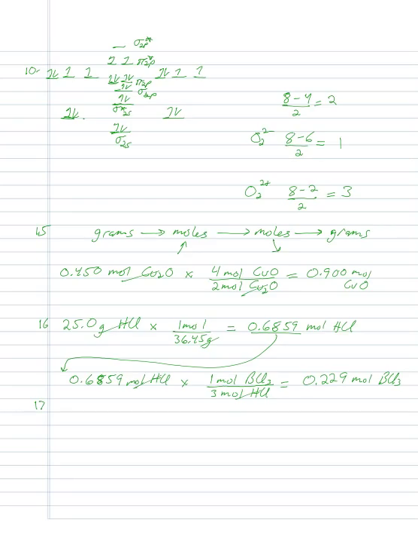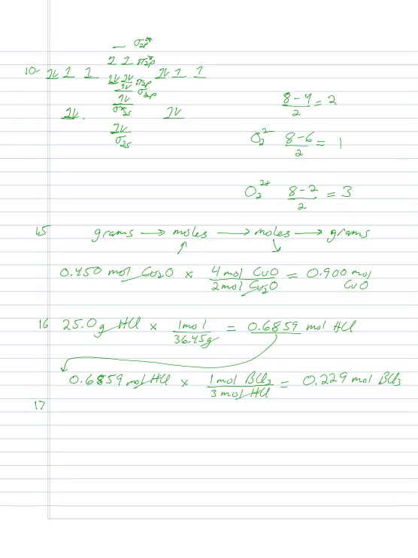We just add up the hydrogen and the chlorine. So my grams of HCl are going to cancel. It's going to leave me with moles of HCl. And this comes out to be 0.6859 moles of HCl.